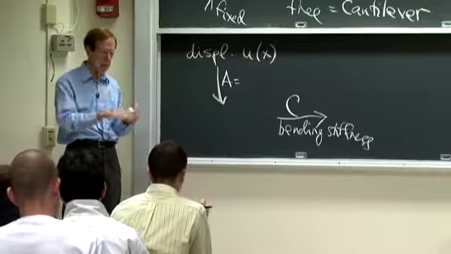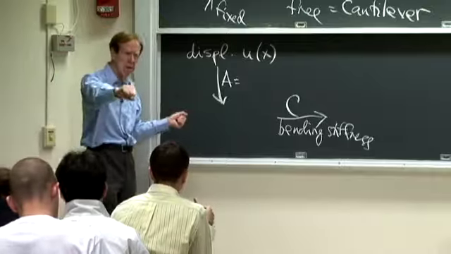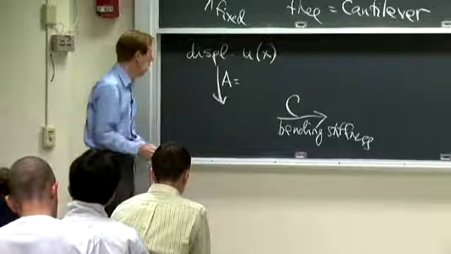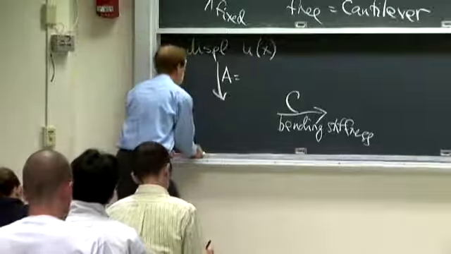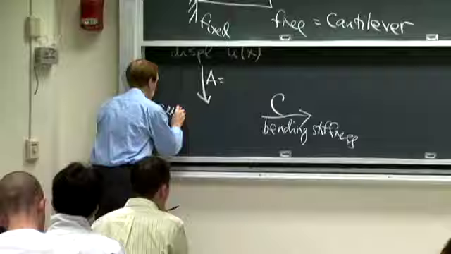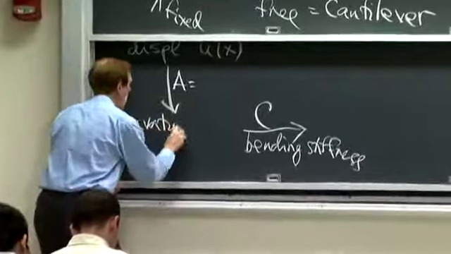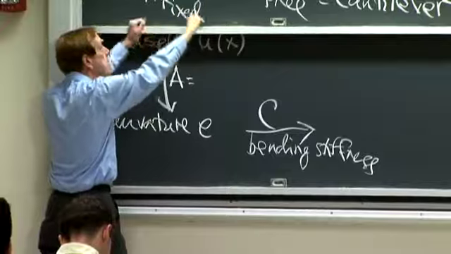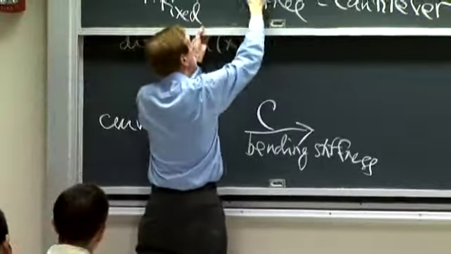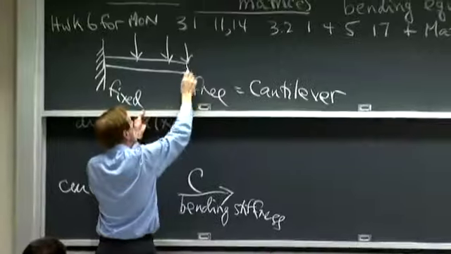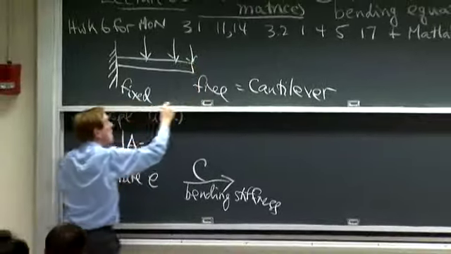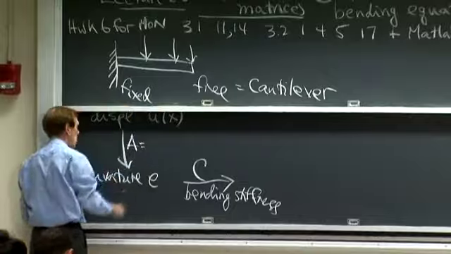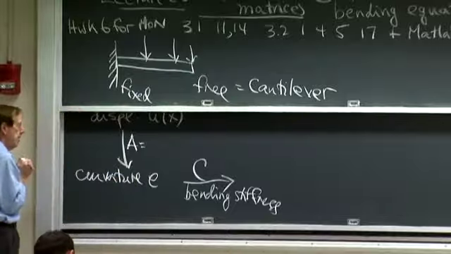Curvature of the beam is what's produced. It's not stretching of the beam, it's curving of the beam. So this quantity E will be the curvature that comes from the displacement. If I displace these beams, suppose I put a node here, it's going to bend that down, the bar will curve. So the curvature E.